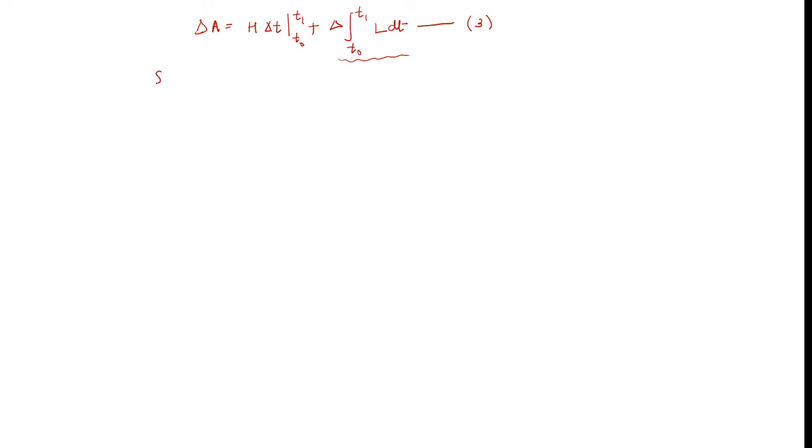So first of all, suppose the integral from t0 to t1 of L dt is I. And this will imply that L is equal to I dot. Now if I apply delta on I, then by the definition of this delta, I will write it as delta I plus delta T dI/dt.